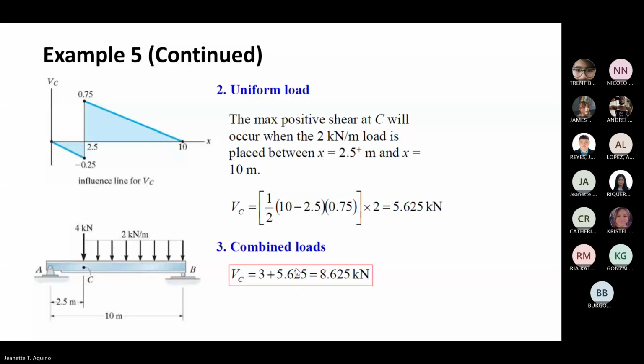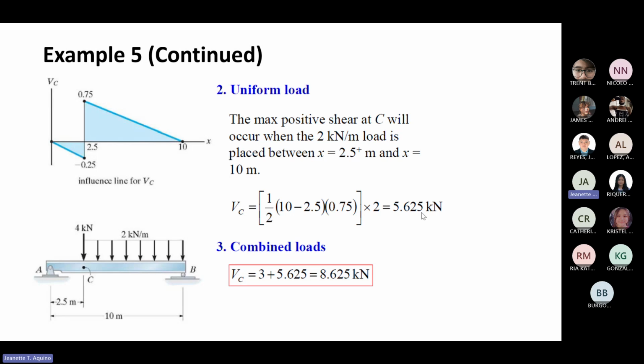The maximum VC is equal to the area of this, because it's a uniform load. So this length is 10 minus 2.5 times height 0.75, and it's a triangle, so divided by 2, times the intensity of the load 2, so it will be equal to 5.625.